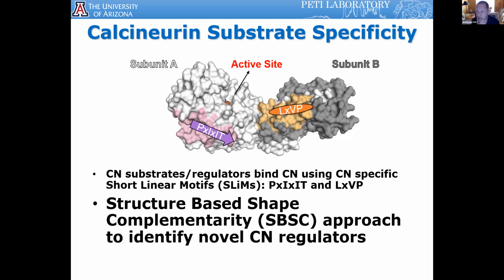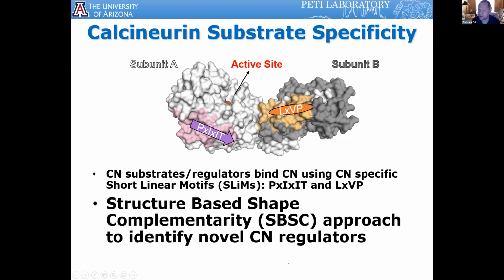I won't talk about that at all, but this has really allowed us to push forward the type of substrates calcineurin can actually see. There's publications out there, and there's more in the works, and we are really close to 700 substrates that we now start to have fully confirmed.